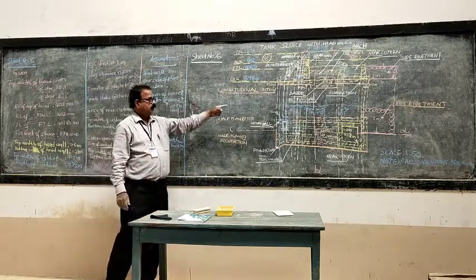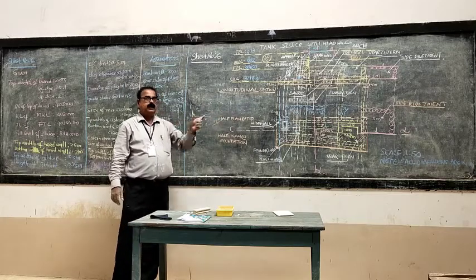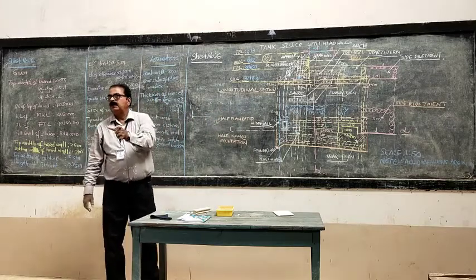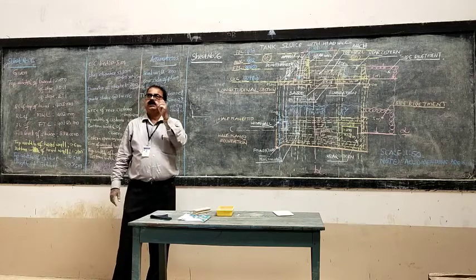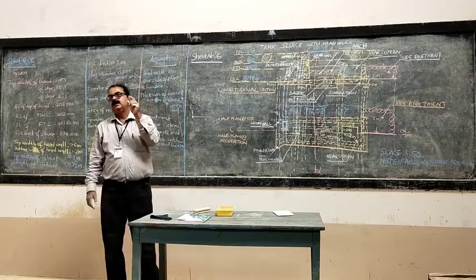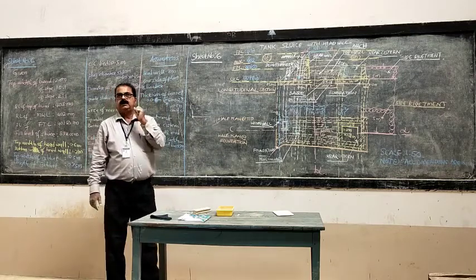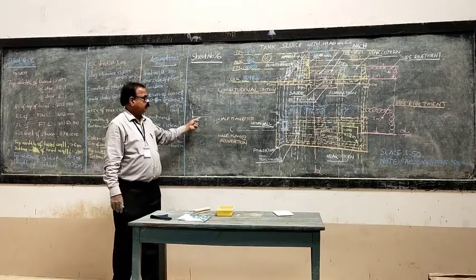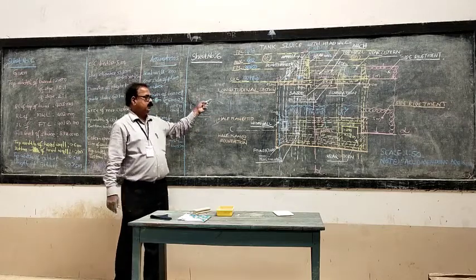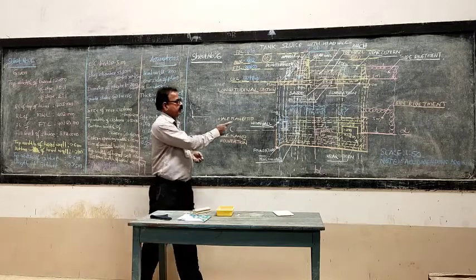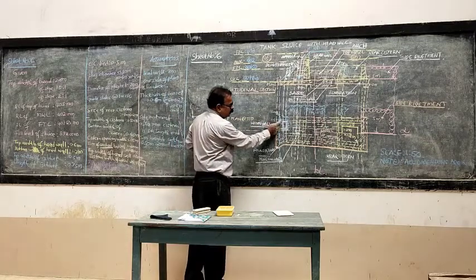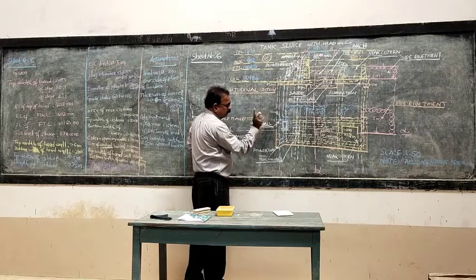Since it is very small here, we are providing a simple rectangle. Walls are provided, but the slope is 1 in 8. So for 1 in 8, you have to take 8 centimeter to 1 centimeter, and that slope should be provided here. It is not 8 centimeter, remember.